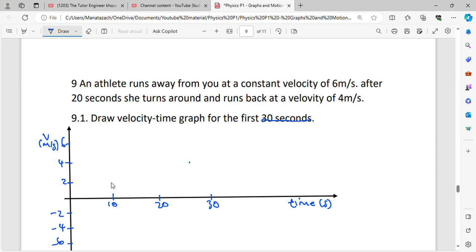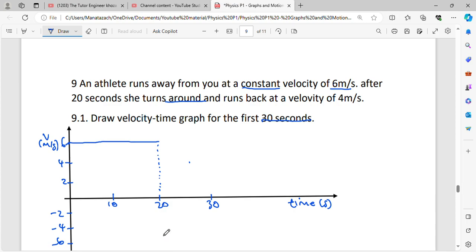Okay, so the athlete runs for 20 seconds. So that means they will be running at a constant velocity, right? Remember, constant velocity, so it's just going to be a horizontal line. And then at 20 seconds they will turn around, meaning they will change direction of motion, meaning the next motion would be negative.